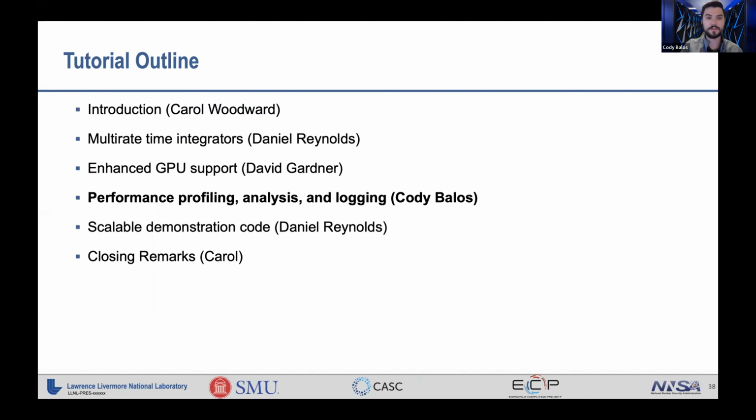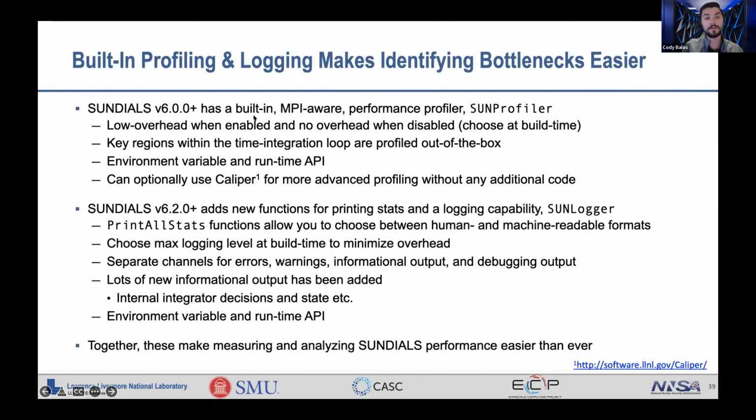Okay, so I'm first going to talk about some of the performance profiling, analysis, and logging capabilities that we've added to Sundials in the last year or so. Specifically, in Sundials version 6, we included an MPI-aware performance profiler, the Sun Profiler class.